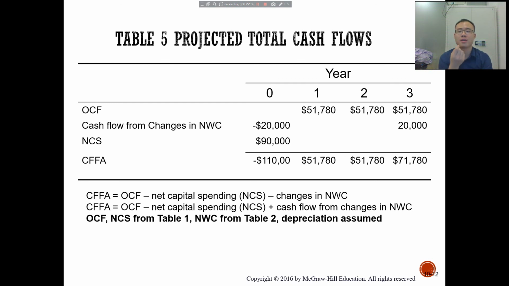This is assuming that at the end of the project, you still have this amount of women's clothes. Some are being sold, and you make up the supply by buying more clothes. And at the end of the project, you sell all of your inventory for cash. So your cash is going up. During year 1 and 2, there is no cash flow from changes in NWC because NWC didn't change.